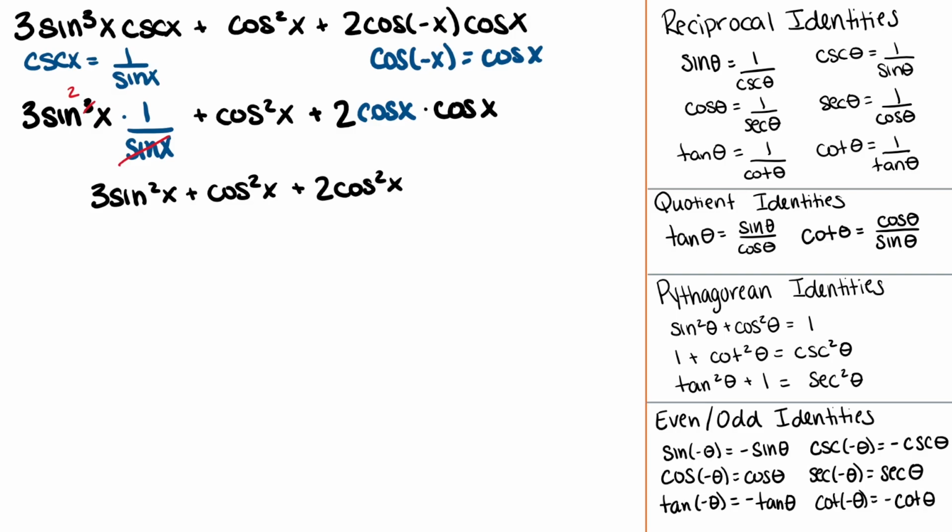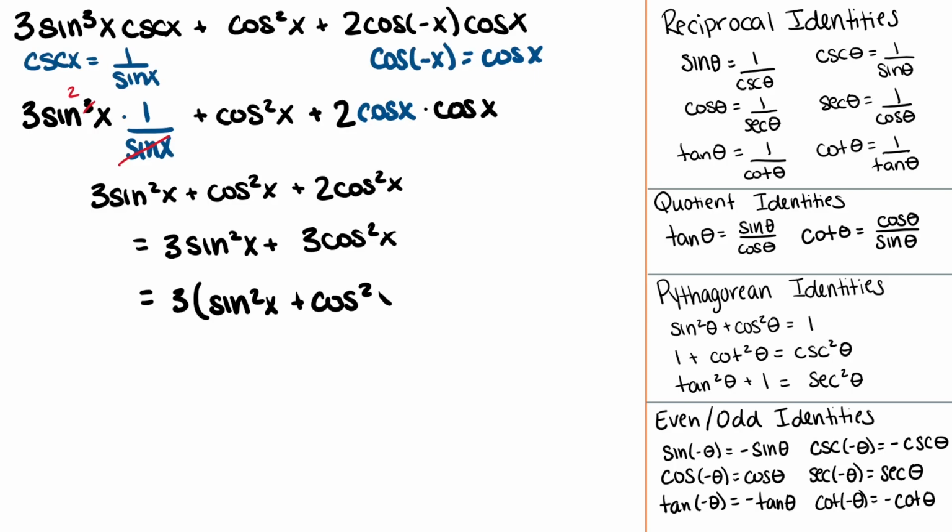Well, these can be combined, our cosine squared x and 2 cosine squared x, because we're using the same cosine squared. So we can write this as 3 sine squared x plus 3 cosine squared x. If we factor out a 3, we're left with sine squared x plus cosine squared x, and we know that that is equal to 1. So this is 3 times 1, or 3. So our entire expression simplifies to the value 3.